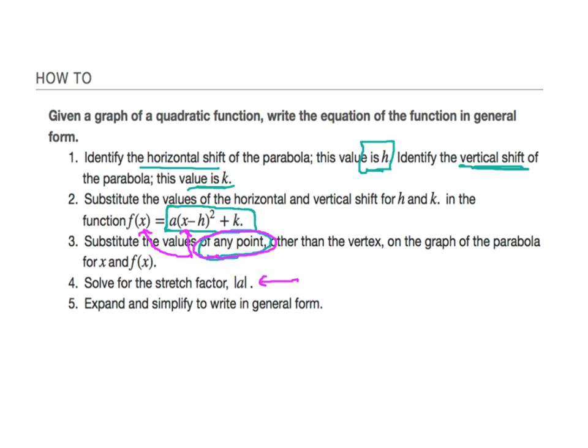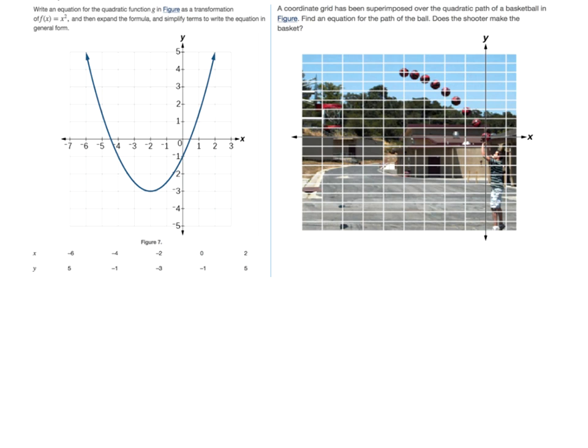And it says to take the absolute value of a, because remember the sign determines if it's reflected or not. The actual value of it is if it's stretched or compressed. So if it's flipped opening downward, then we know a is negative. So positive a, we have a parabola that's opening upward. Negative a, we have one that's opening downward. And then if we're also asked to write it in general form, then we have to multiply all that out into its polynomial form.